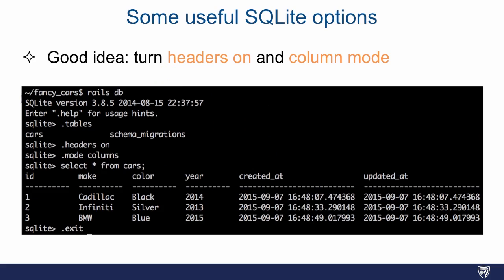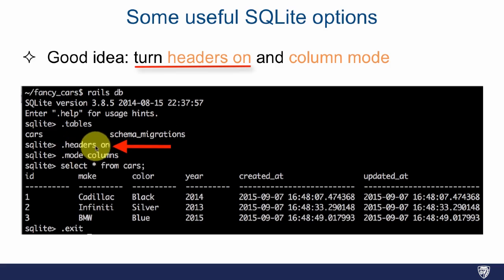So for example, if we want to see the tables that currently exist in the database, you could do .tables, and that tells you that there's a cars table, which we know was created. There's also the schema migrations table, which we'll talk about in a few minutes. Now, the good thing to do, at least what I find helpful, is to turn the headers on.